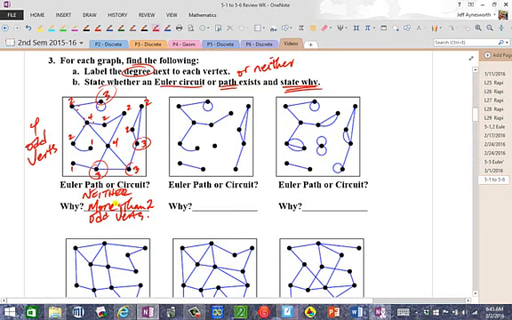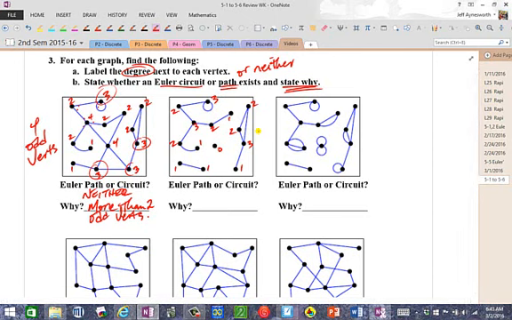All right, so on this one right here, degree 1 and 1, degree 0, degree 1, 2, 3, 2, 3, 1, 2, 2, 2, 3, 1. Okay, so here it's also disconnected. So it's disconnected, so it can't have either one. You notice right here, one's isolated here. So neither again.